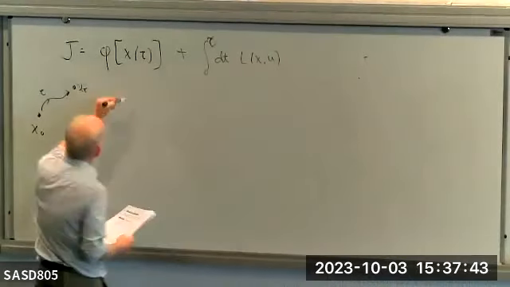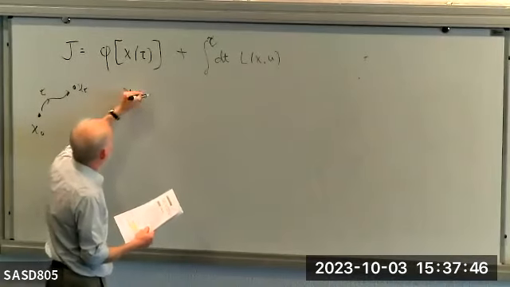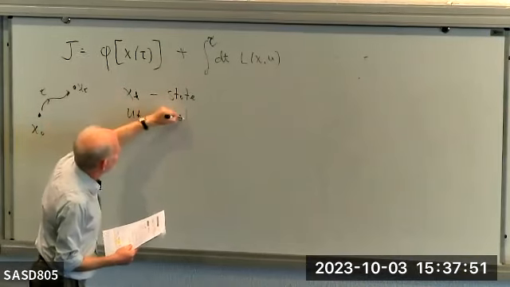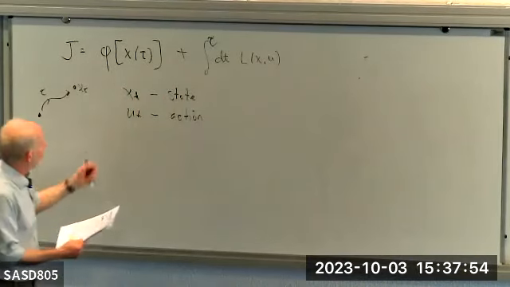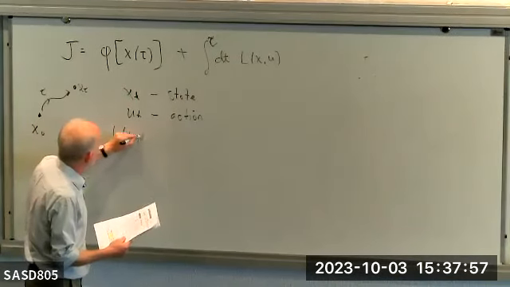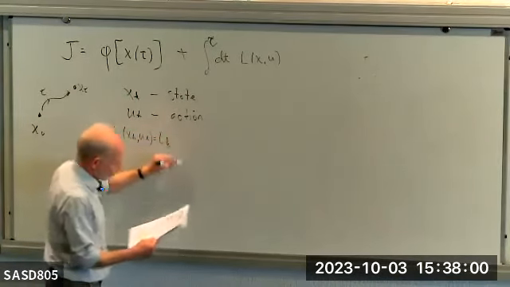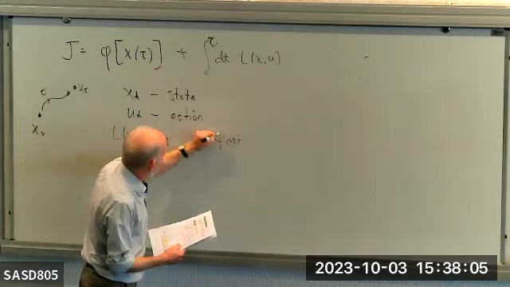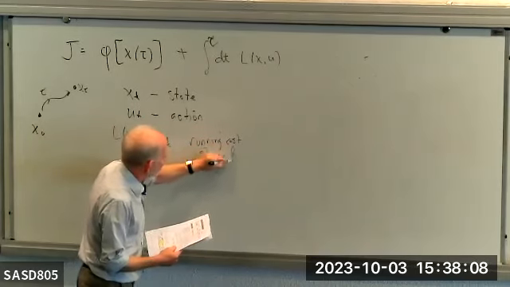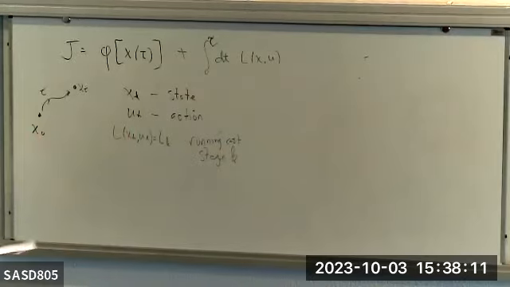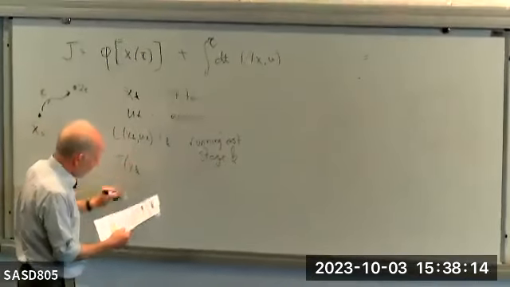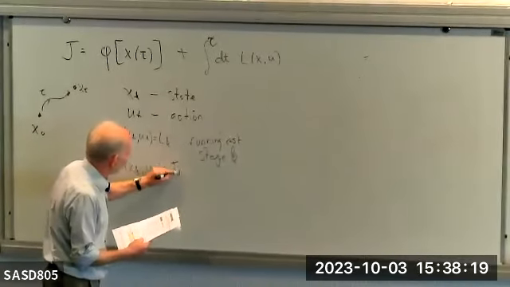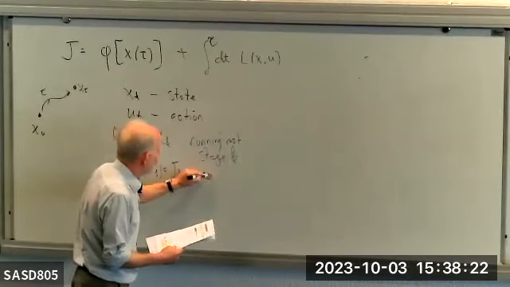So we'd be doing a discrete version at first of the problem we've been doing, where xk is the state at time k, uk would be the action, the control that you take at time k, L of xk, uk, which we could call lk, would be the running cost of stage k. So stage is kind of like a discrete time. And then our J, evaluated in the local time, could also be a Jk, and that's again the cost to go.